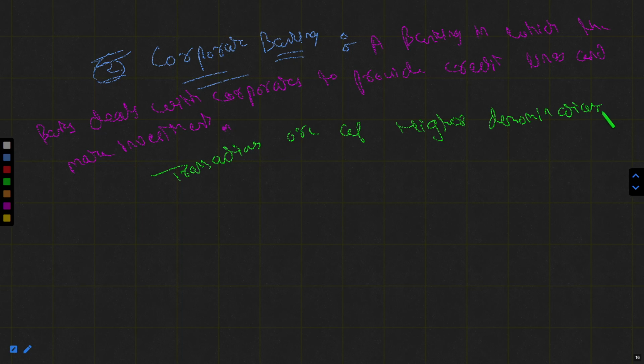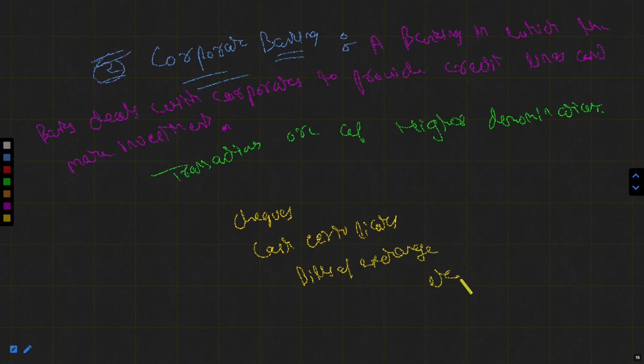So corporate banking is a banking in which the banks deal with corporates. They are not dealing with normal people. They are dealing with corporates, and basically they are providing credit lines. Like they are providing the cheque facility, cash certificates, bills of exchange, etc. These are part of the credit lines provided by the banks, and also the investment, like the bank investing in a company.